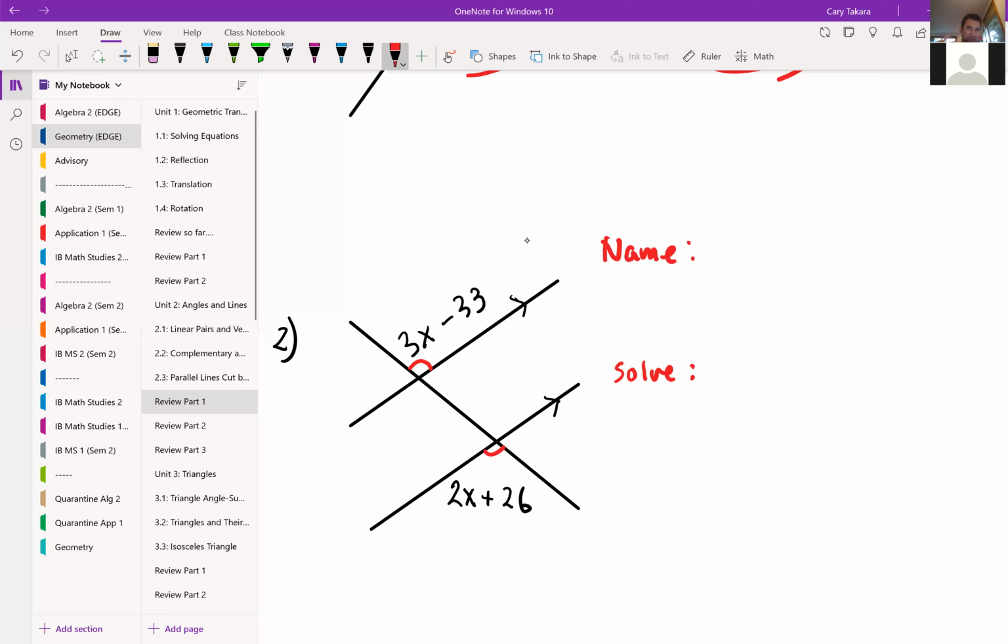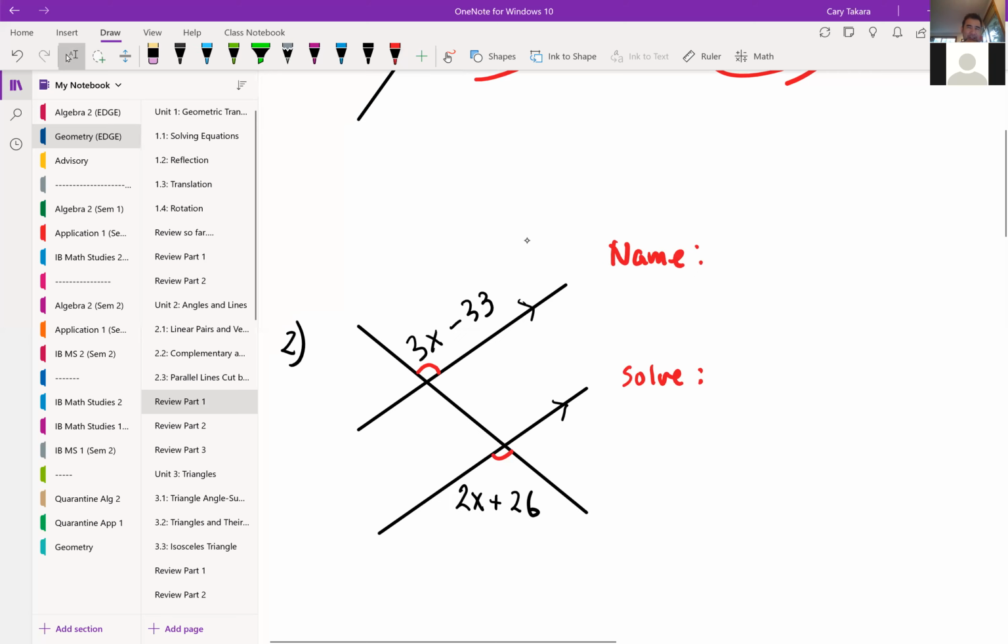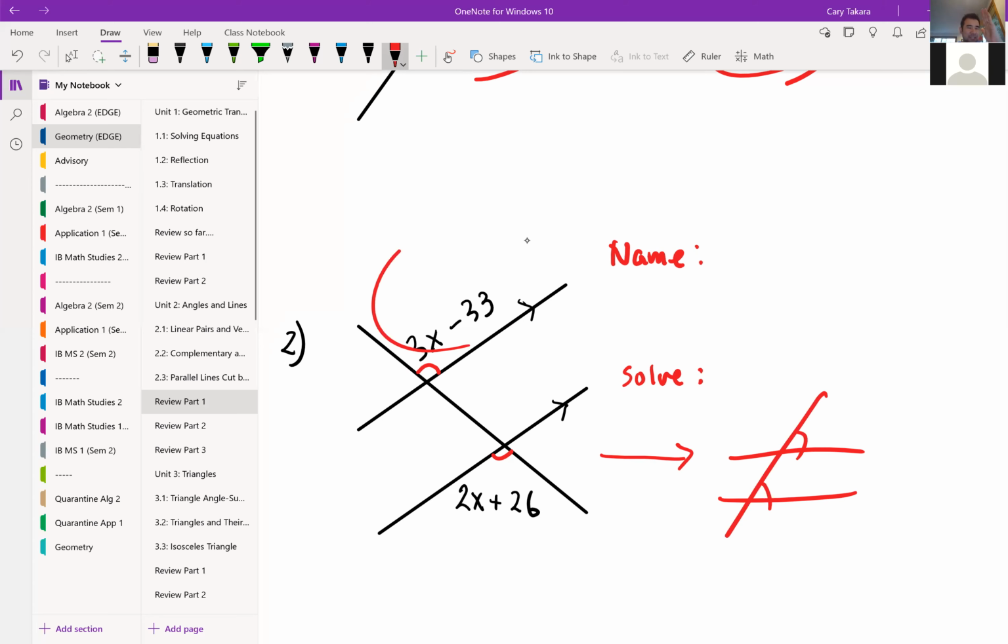Is it corresponding again? Could it be something else? Corresponding is always on the same side of a transversal. But this one is on the right side and one is on the left side of the transversal, so this cannot be corresponding.